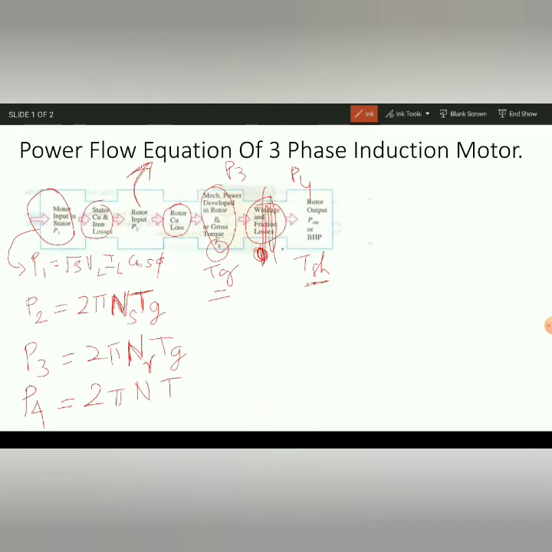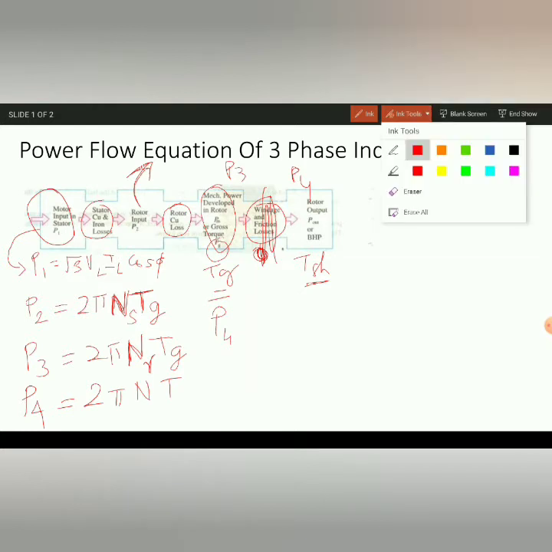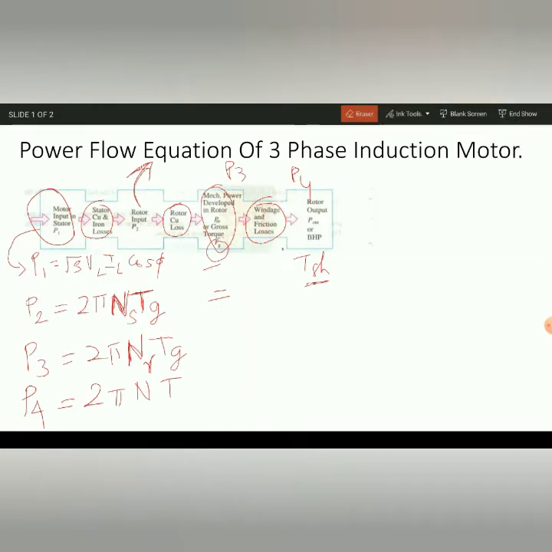So what will be P4? Here it was the rotor speed, but here it is the shaft speed. Okay, so P1, P2, P3, P4.